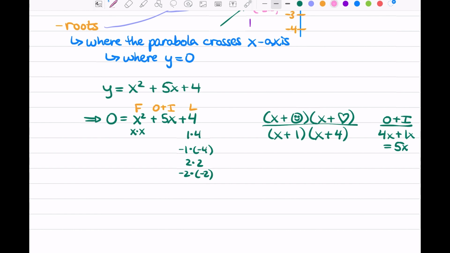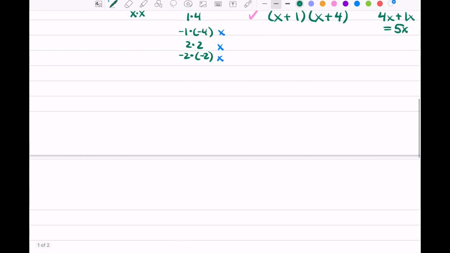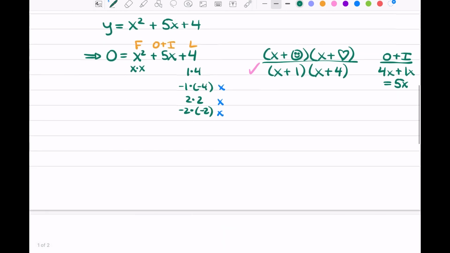So that means we have our correct factors, and there's no need to check the others. And you can always use the FOIL method to confirm that our factors multiplied lead to our polynomial. So now we have our 2 factors. Let's rewrite our equation. So we'll have 0 is equal to x plus 1 times x plus 4.